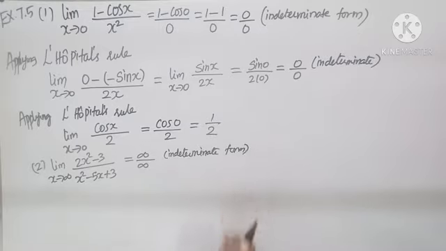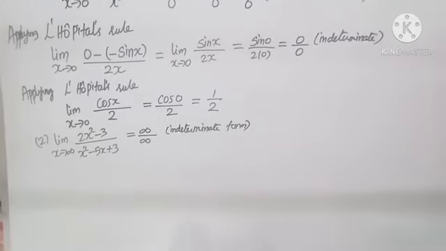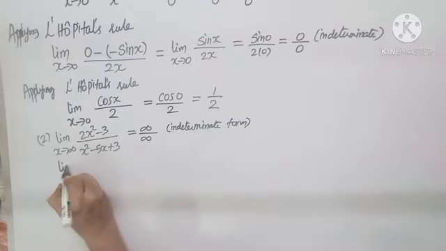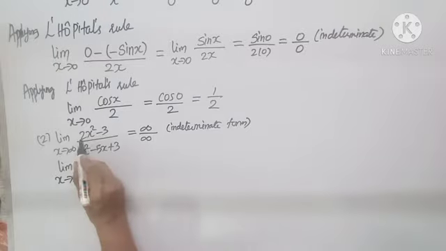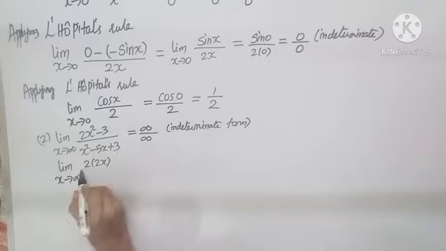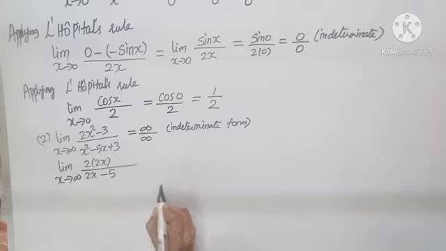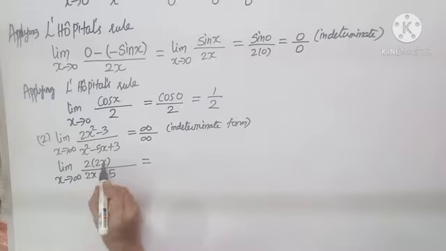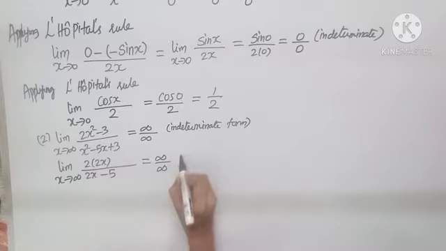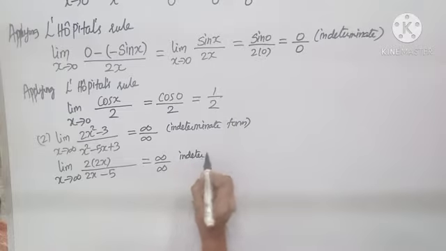Applying L'Hopital's rule, we can say limit x tends to infinity, 2 into x square will become 2x, constant will become 0, by 2x minus 5, constant becomes 0. Again, if I put the limit, x becomes infinity, x becomes infinity, so infinity by infinity form.